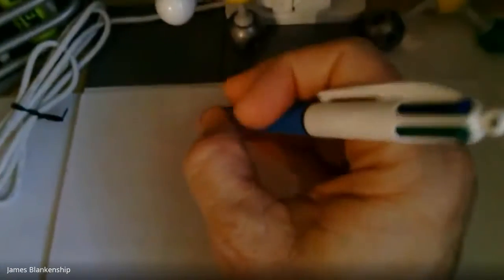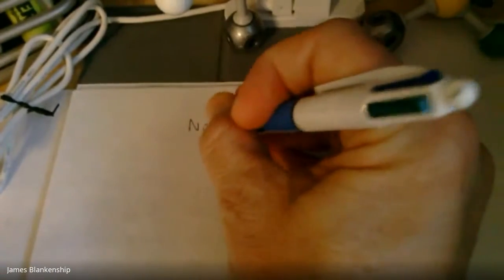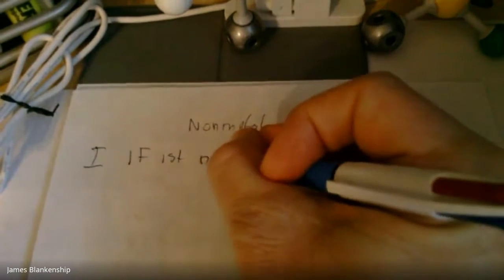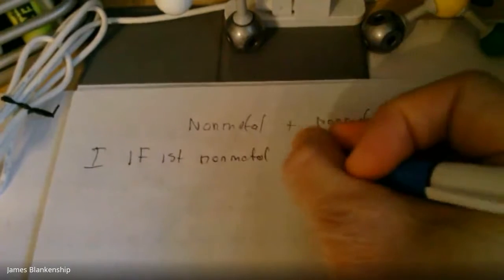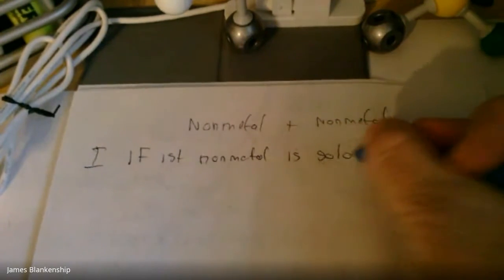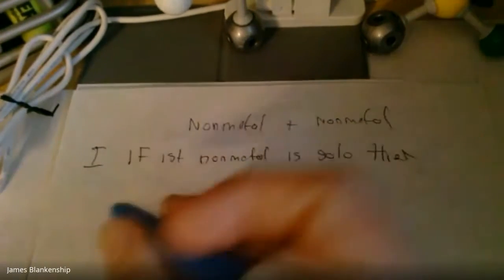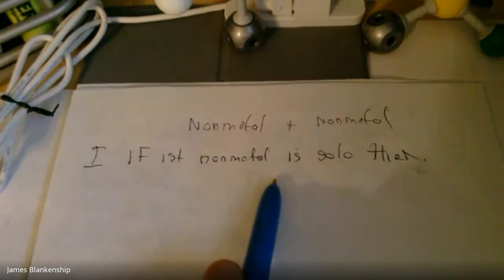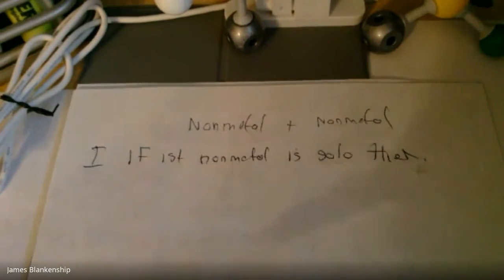These are going to be where you have a nonmetal plus a nonmetal. Again, we break it into 2 cases. Our first case, if our first nonmetal is solo, is again our easiest case.